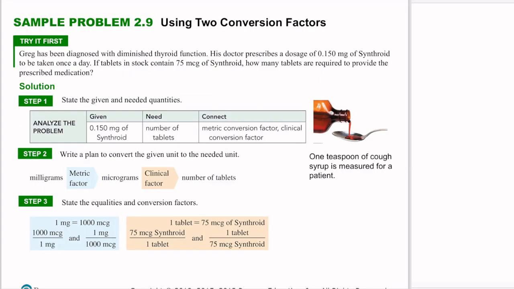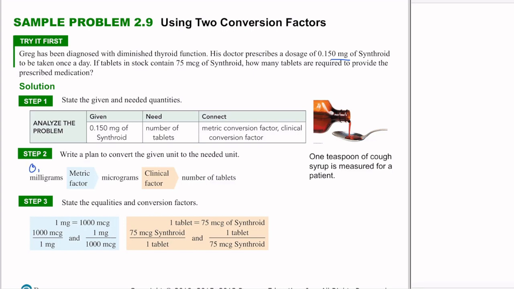Greg has been diagnosed with diminished thyroid function. His doctor prescribes a dosage of 0.150 milligrams of Synthroid to be taken once a day. If tablets in stock contain 75 micrograms of Synthroid, how many tablets are required to provide the prescribed medication? We're starting with milligrams.